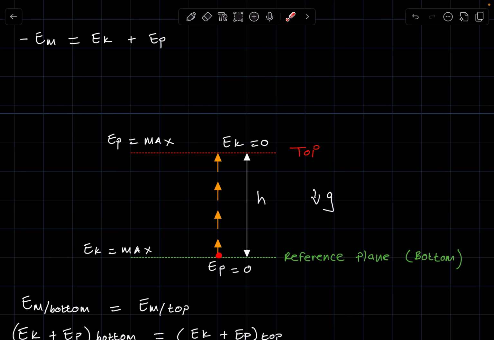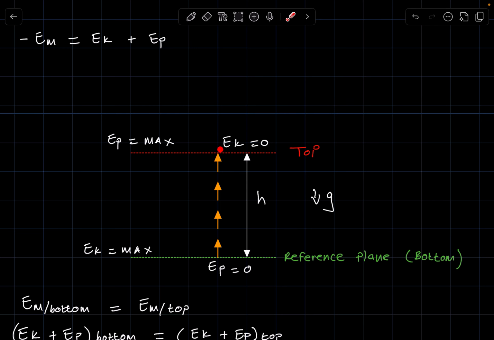And then as it approaches the top, the velocity changes. Why? Because of gravitational acceleration. Because the direction of motion is going against gravitational acceleration, as the object approaches the top, the velocity decreases.